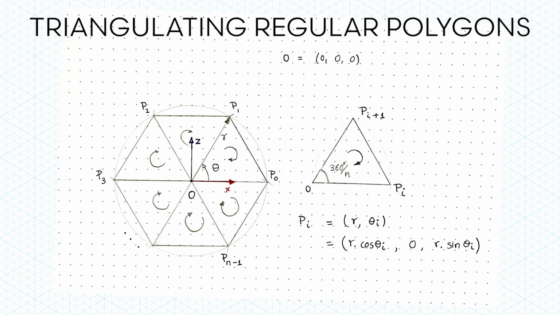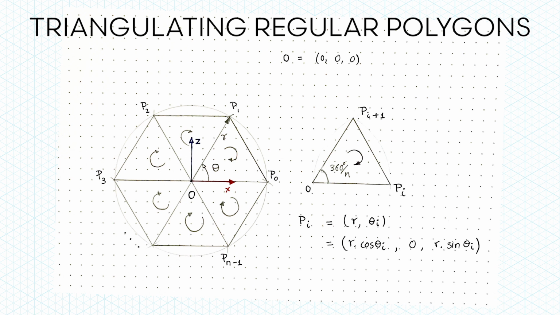This figure represents the general structure of a regular polygon. As you can see, there are 6 points on the edges of the hexagon, and there's one at the center, which is shared by all of these triangles. The center vertex is shared by all of these triangles, and then the vertices on the edges of the hexagon are shared by 2 successive triangles.